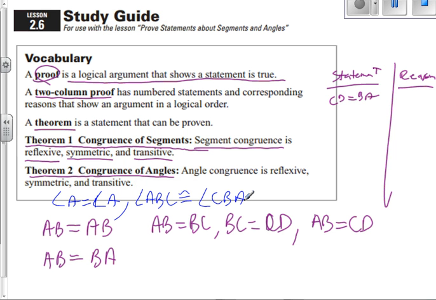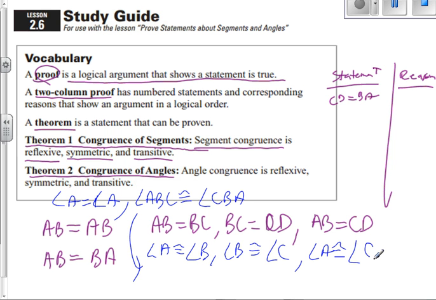And for transitive, we might say angle A is congruent to angle B, and angle B is congruent to angle C, therefore angle A is congruent to angle C. That would be an example of transitive. So let's go on.